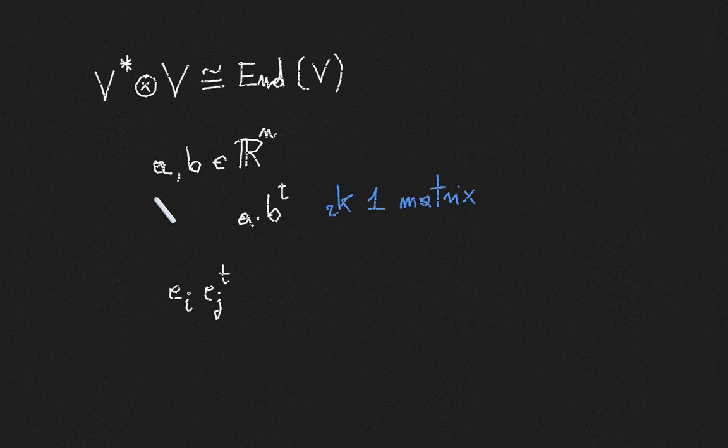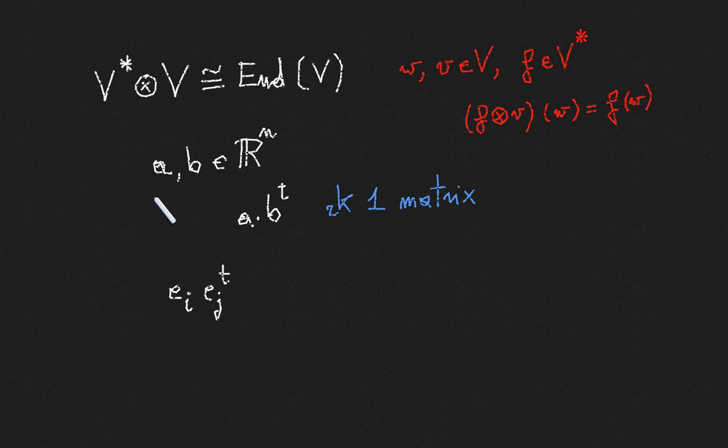How is an element of these an endomorphism? So if you take v in V and f in V star, the action of this tensor product on any other vector w is just f of w.